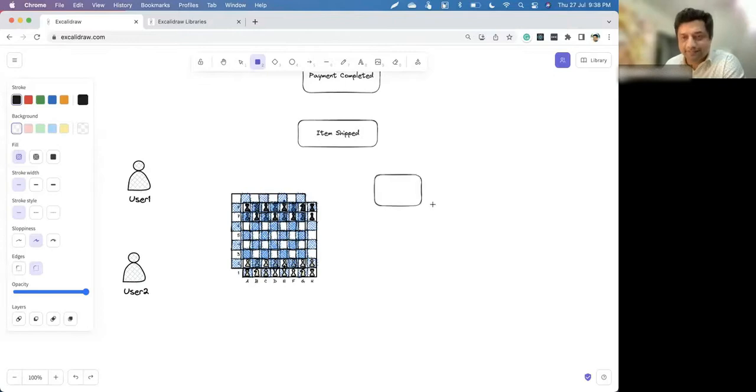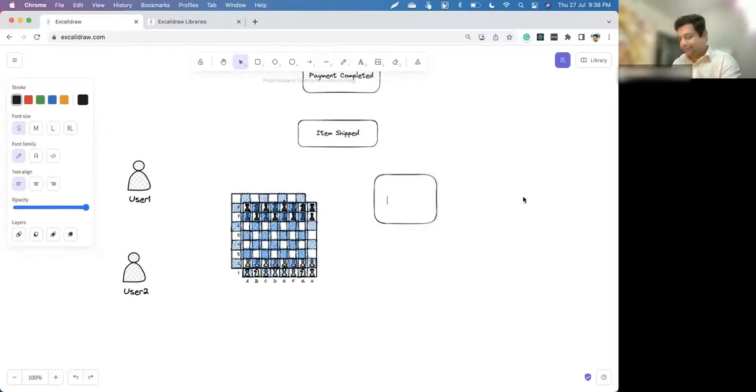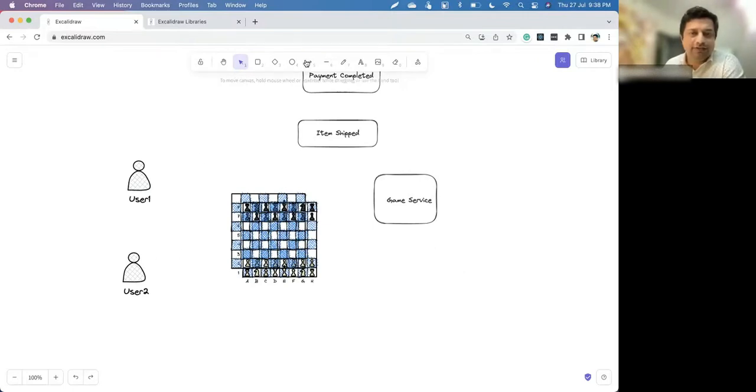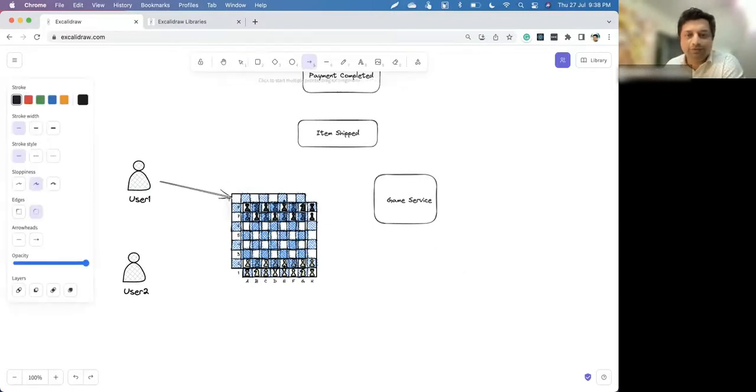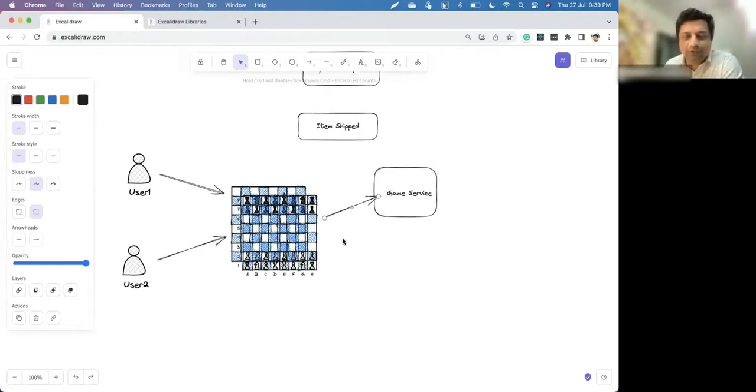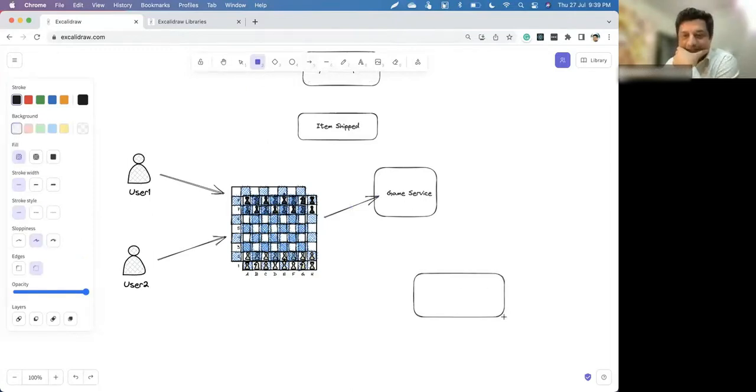Assume you have a service which is your, let's call it chess service or game service, right? So based on the moves, users will move, and based on these moves, what game service does is it will decide winner, right? And if game has ended, it will decide winner. So again, what you need to do, if some winner, you have to generate the scores, right?